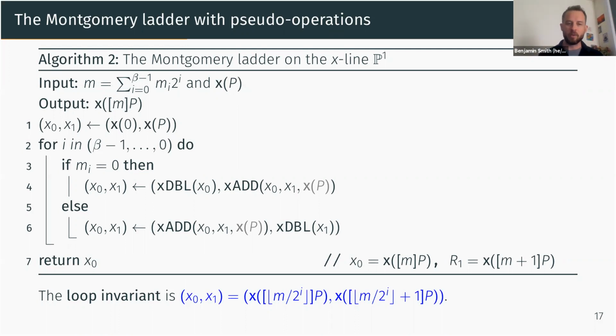So you can actually use this to do scalar multiplication in a full group if you want, or in a full elliptic curve group. You use this very, very simple algorithm, and then you just recover the correct y coordinate at the end using a really neat trick. So this is a very useful algorithm even outside of Diffie-Hellman.